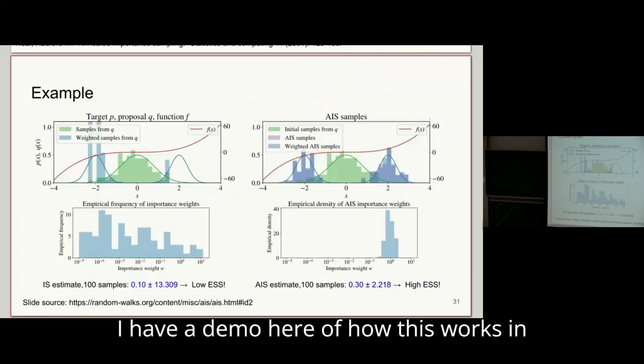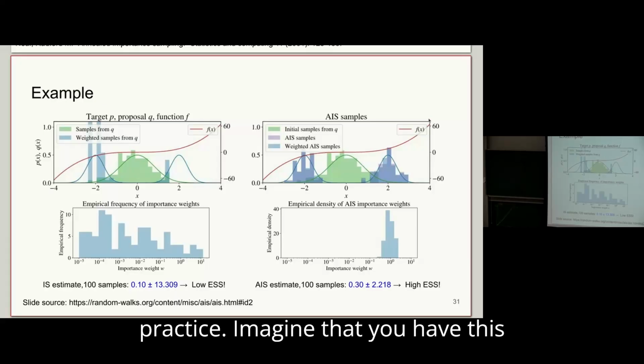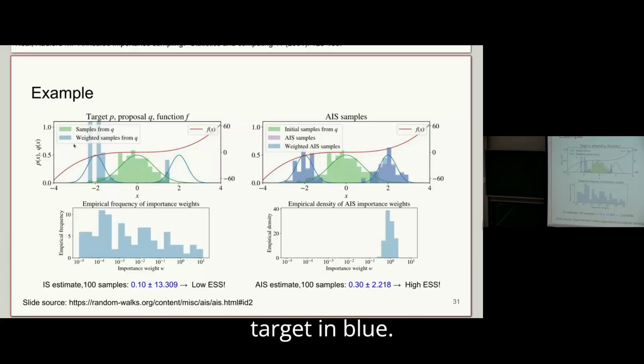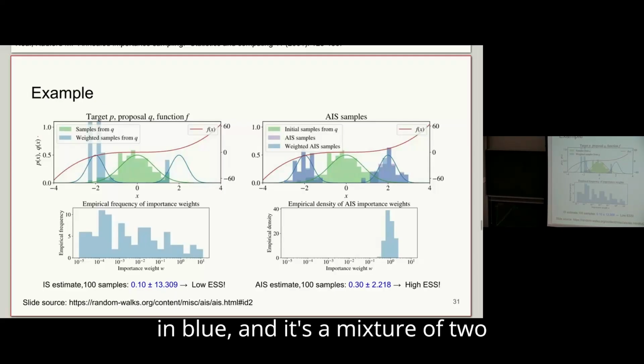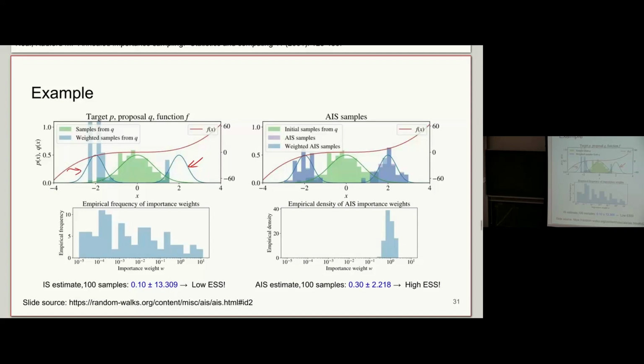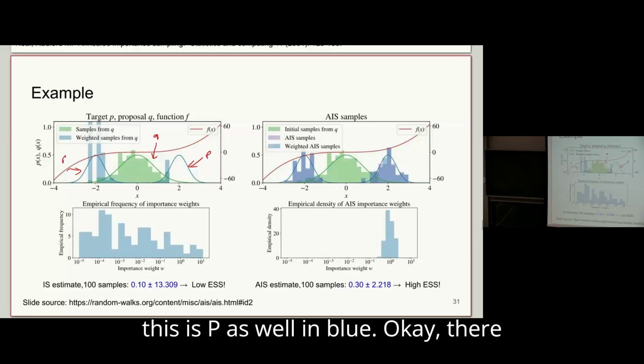I have a demo here of how this works in practice. Imagine that you have this target in blue. So the target here is this distribution in blue, and it's a mixture of two Gaussians. And your proposal is in green. Okay, so this is Q, and this is P, in blue.